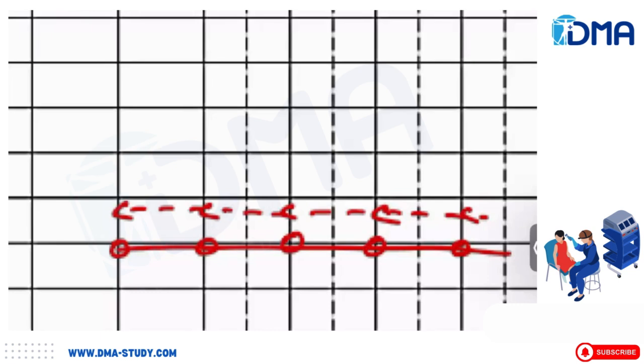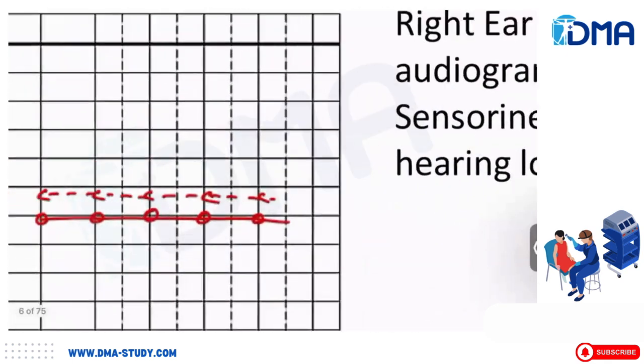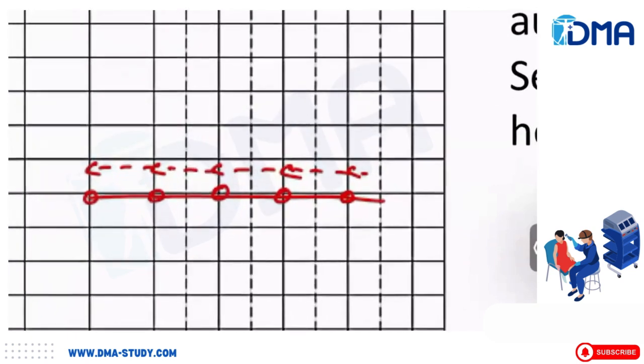Sensory neural hearing loss. My question is, thumb rule number 1 is satisfied or not? It is satisfied. Gaurav, you have answered it very correctly. You are great, good going. See here, let me tell you 3 thumb rules again.